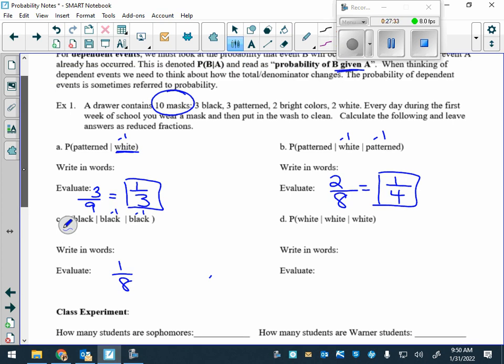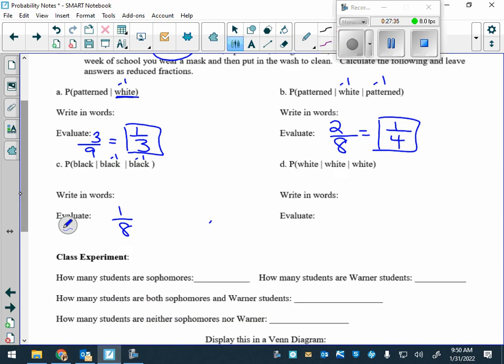All right, try the last one. Probability of selecting a white mask, given that you've already selected 2 other white masks. Jack's already said the answer.